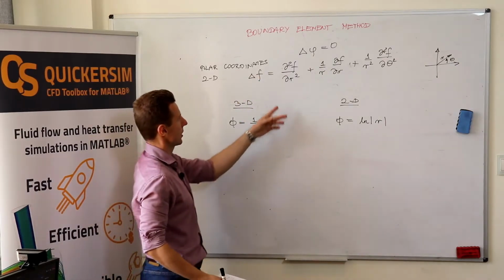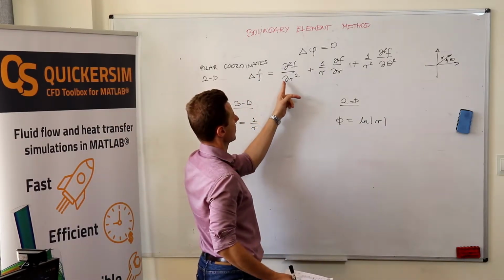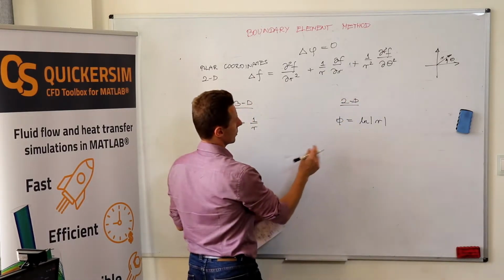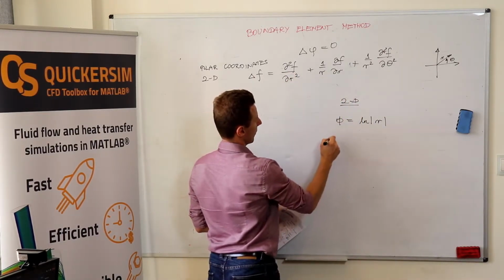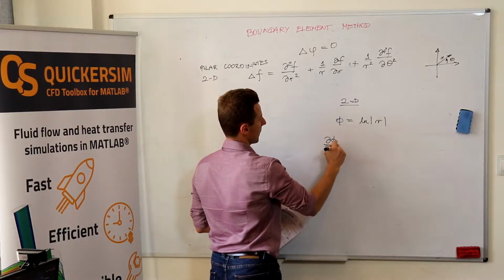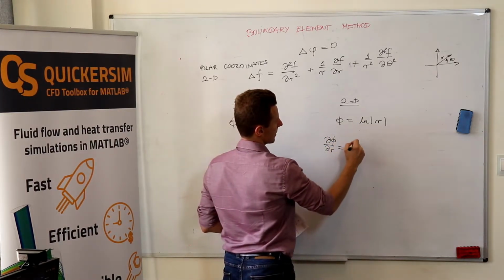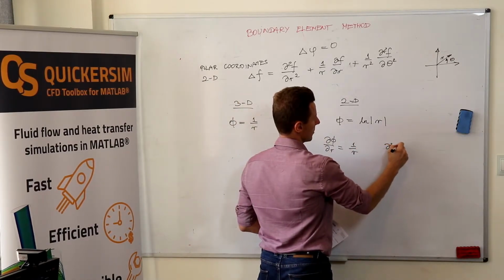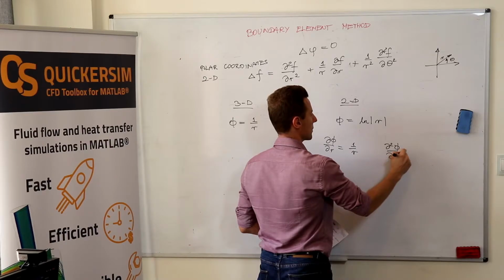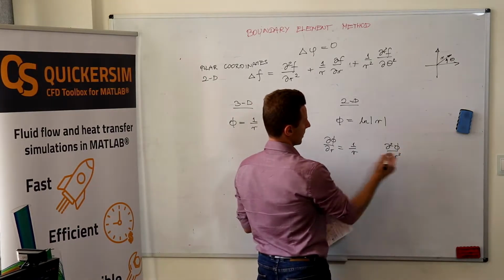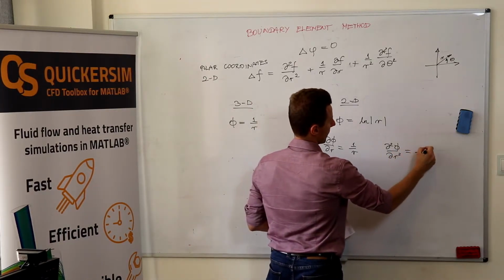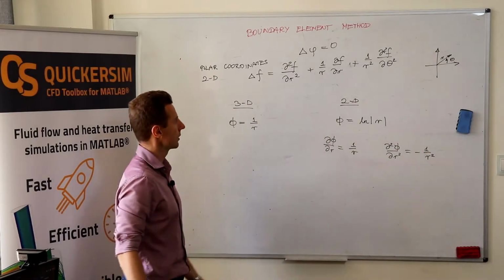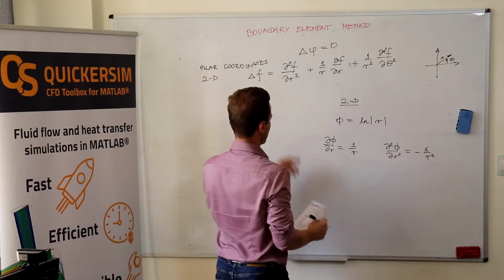Well, let's quickly check. Let's use the Laplace operator in polar coordinates. So what do we need to calculate? d phi with respect to dr is 1 divided by r. Then d2 phi with respect to r squared is minus 1 divided by r squared. So let's substitute.